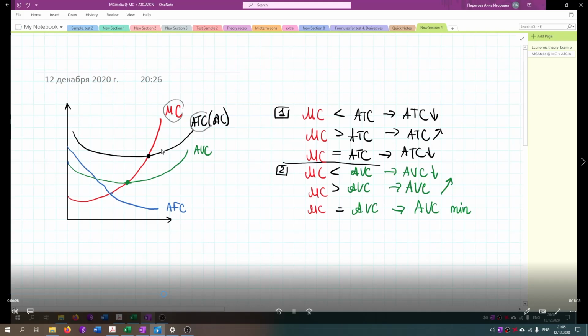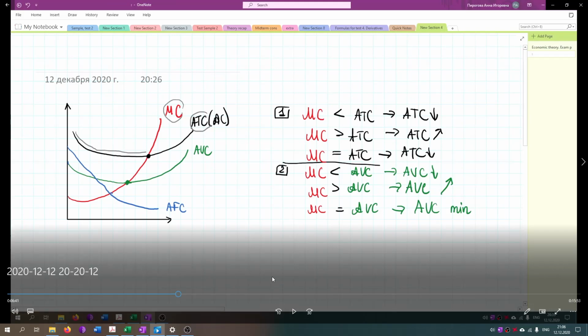And we need to see that in this part, marginal cost is below the average total cost. So it is here. And what happens to average total cost in this case? We can see from the graph that it is decreasing.